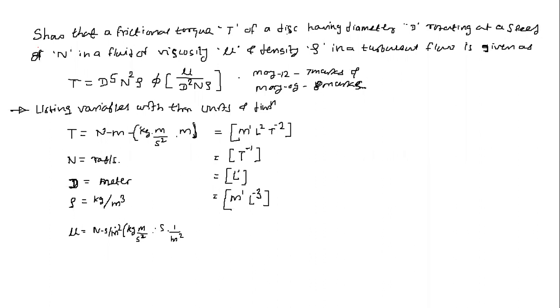So one of the meters will get cancelled and one of the seconds will also get cancelled. So what remains now? Kg per meter per second. One meter remained, one second remained.